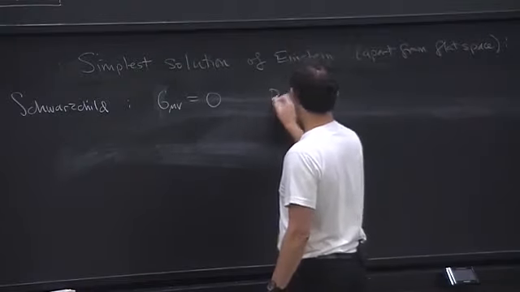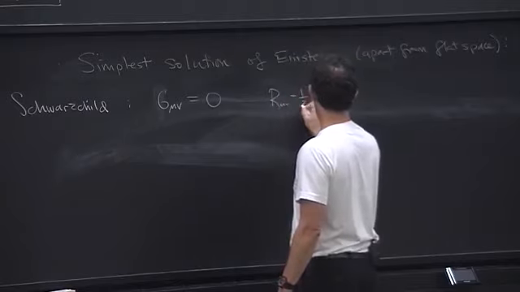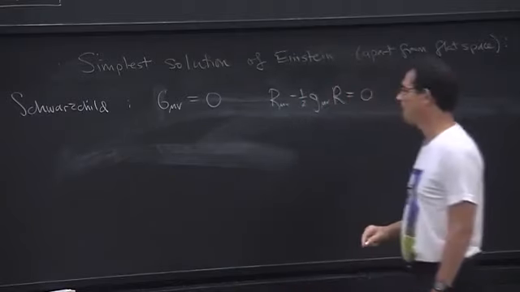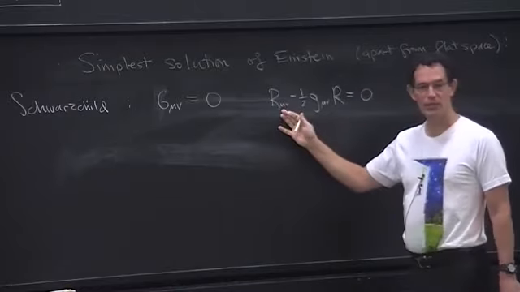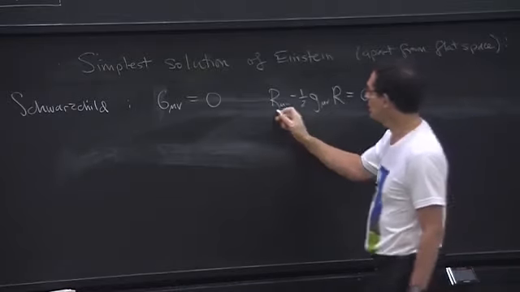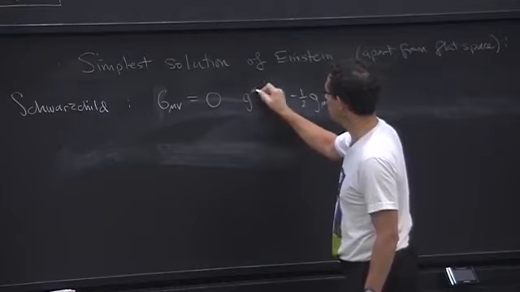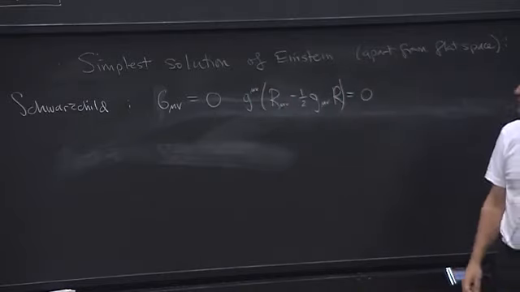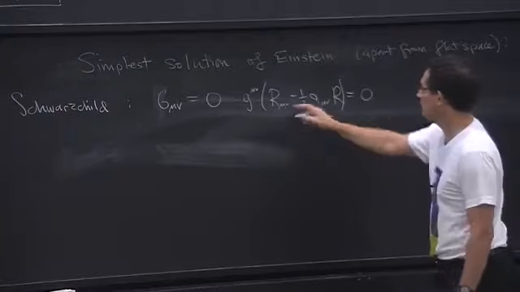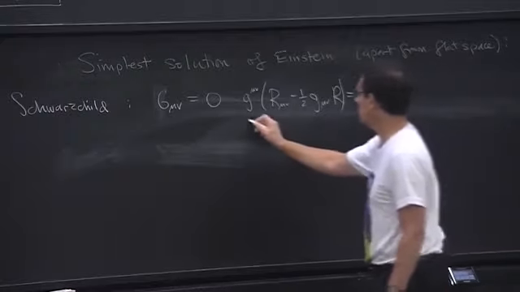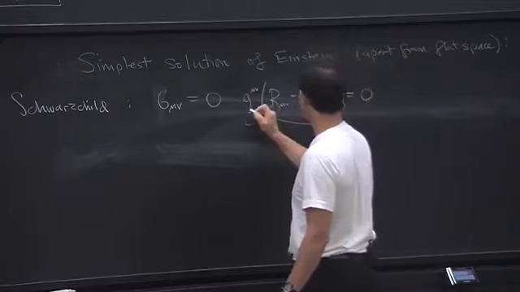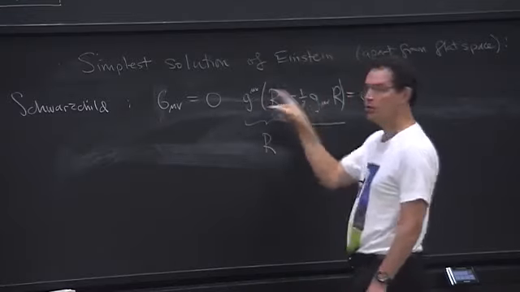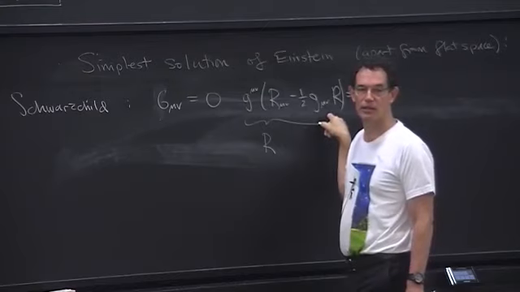Now, G mu nu is R mu nu minus 1/2 g mu nu R equals 0. But if this equals 0, I can take the trace of this equation. I can multiply it by g mu nu. That must be 0. The first term is equal to R. This term, now what is g mu nu times g mu nu contracted?